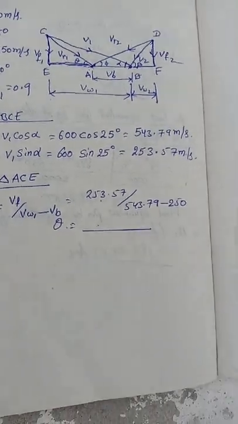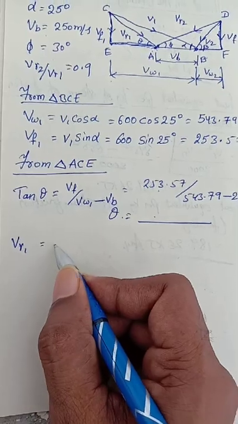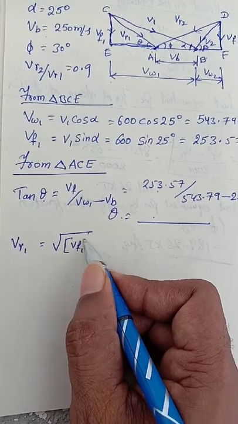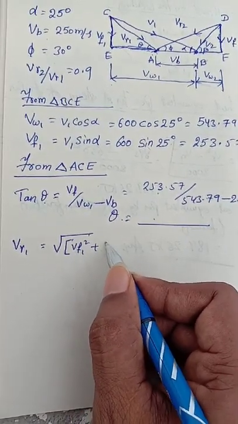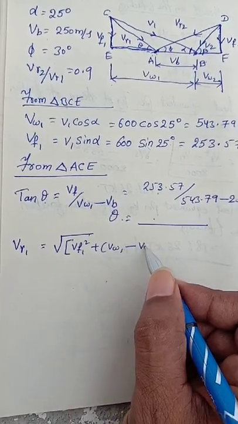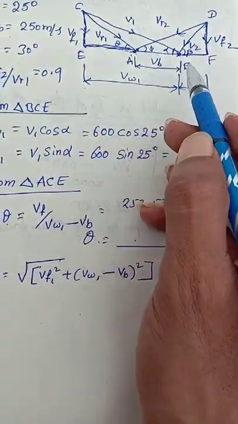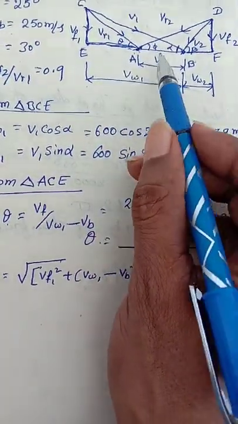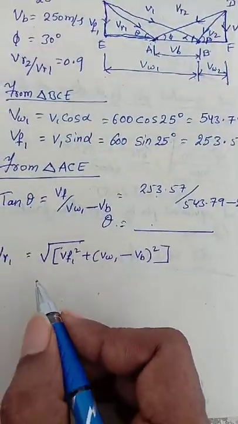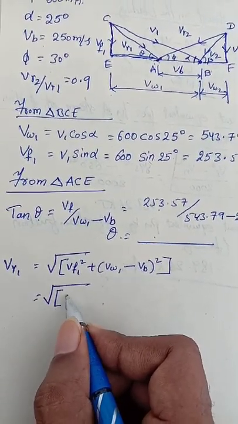Okay, and now in the same triangle, VR1 is equal to root of VF1 square plus (VW1 minus VB) whole square. Look at this, VW1 minus VB. Now you will get the length AE. Substitute the values.